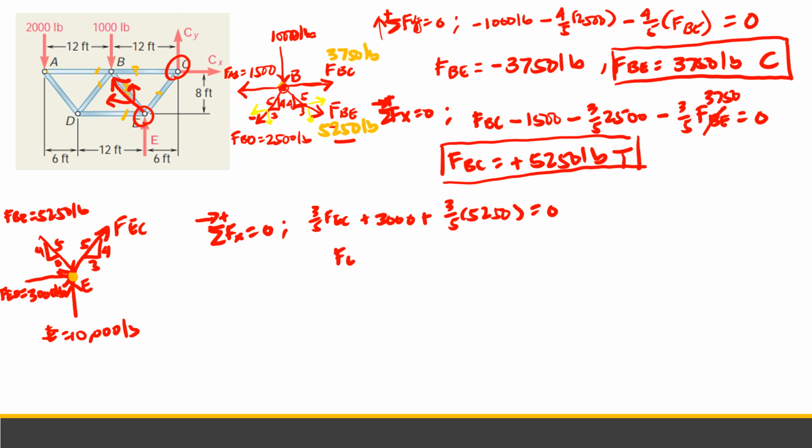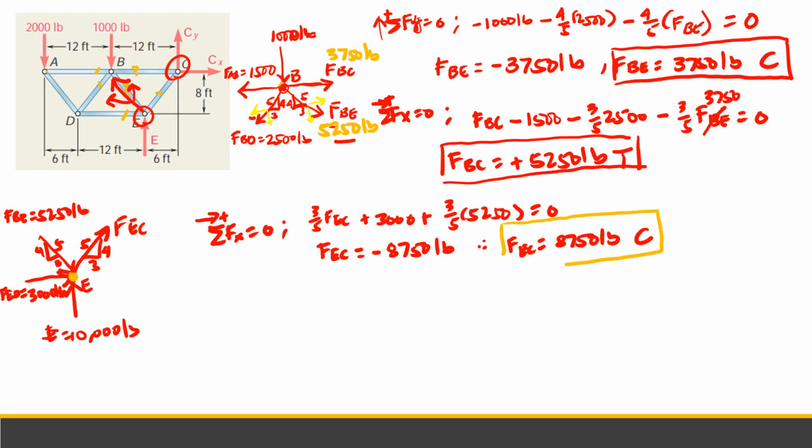So FEC is our only unknown. FEC is equal to negative 8,750 pounds. So our result is negative, meaning FEC is in compression. So FEC is equal to 8,750 pounds compression. That is the value of our FEC.